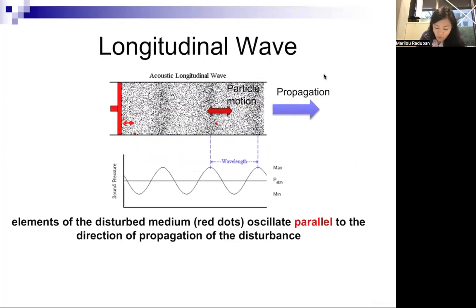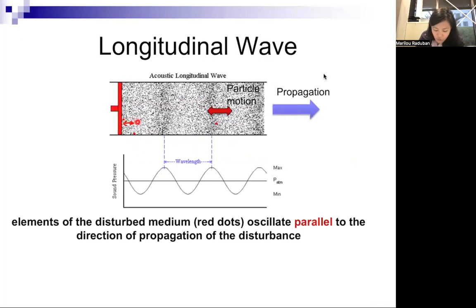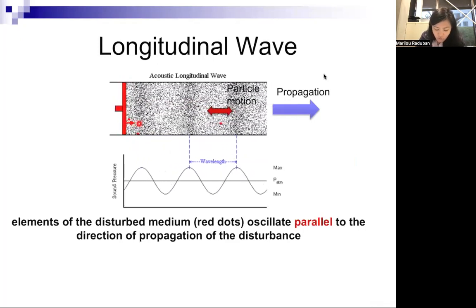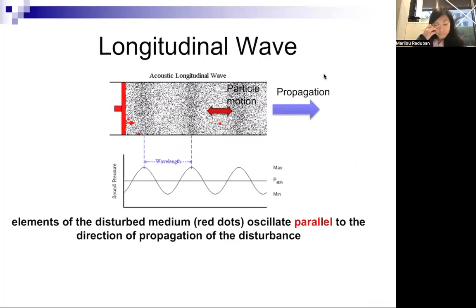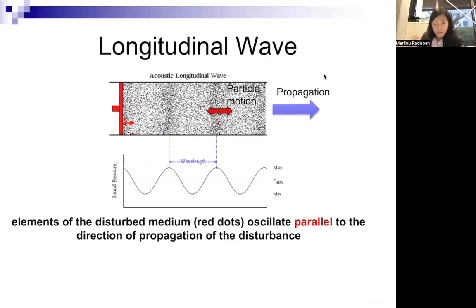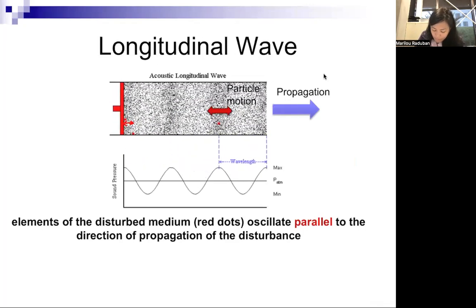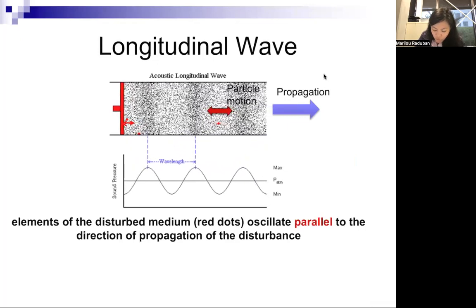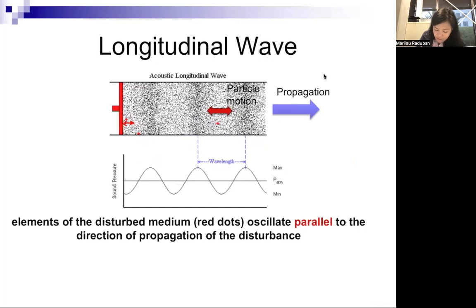And notice how the direction of propagation of the wave is parallel to the direction of oscillation of the particles. The wave propagates through the compression and rarefaction of the particles.